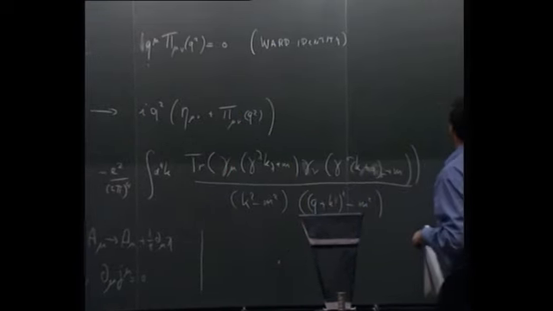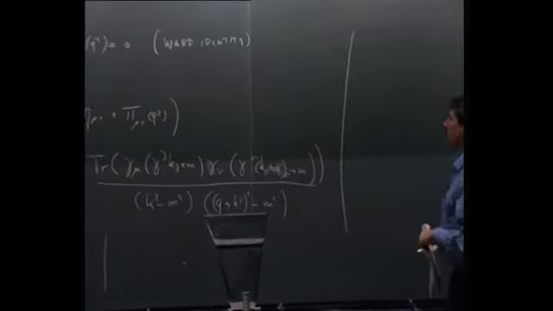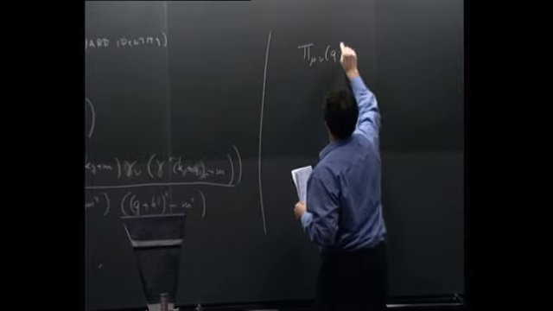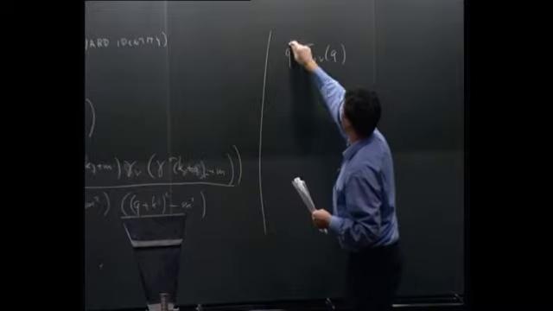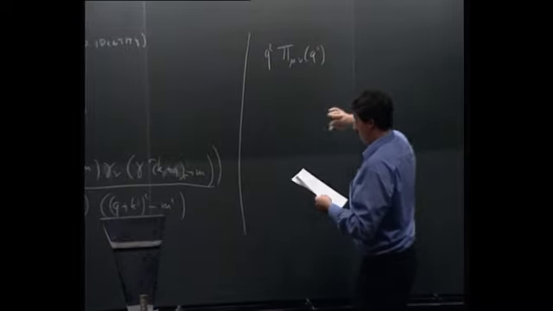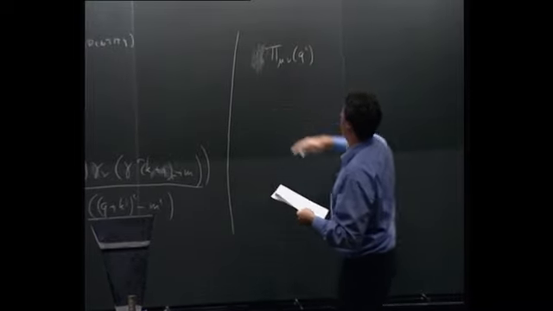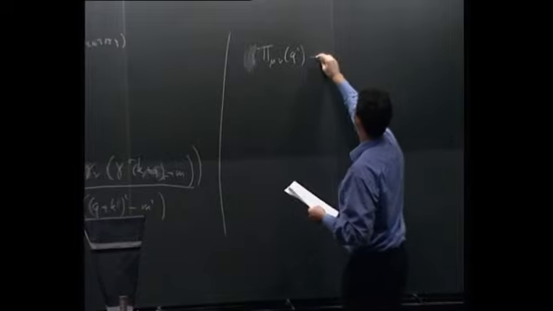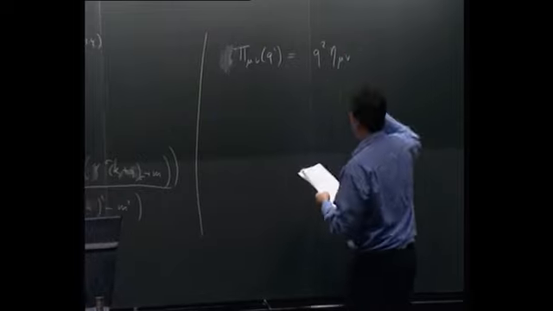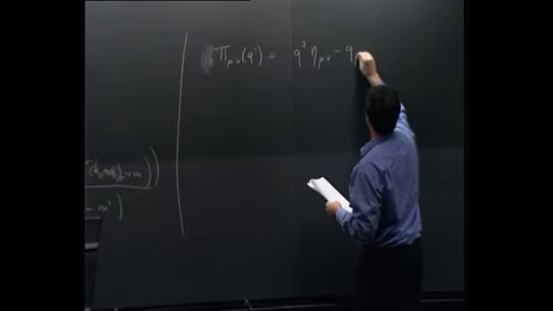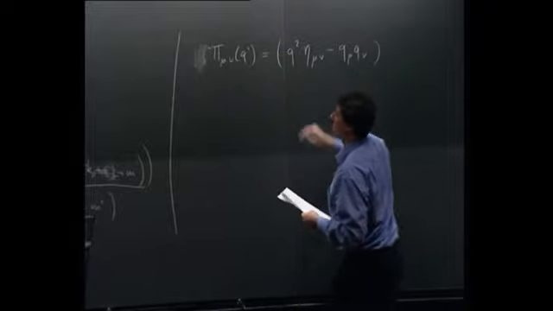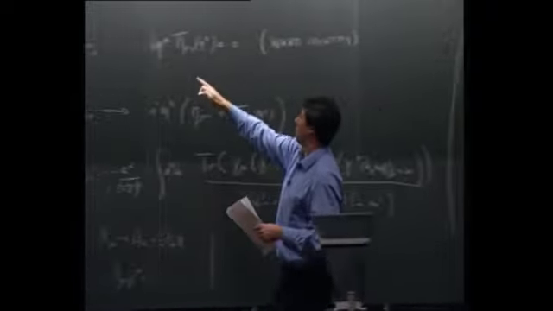And this can be used to show that from the Ward identities it follows that, I'll write down only the expression for pi mu nu of q squared, it must be of the form some combination of eta mu nu and q mu q nu, which indeed satisfies precisely this condition.